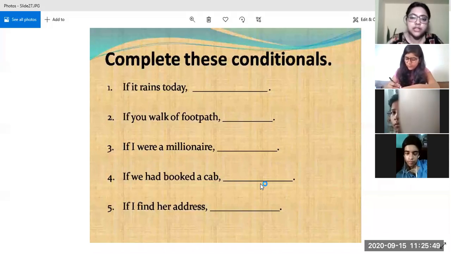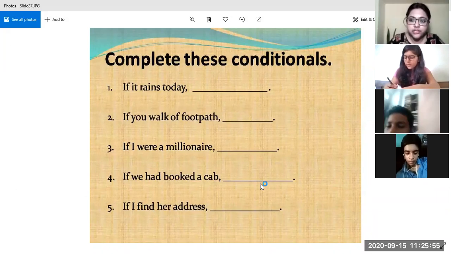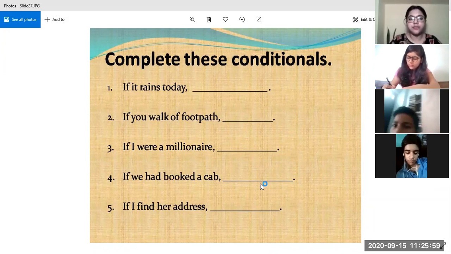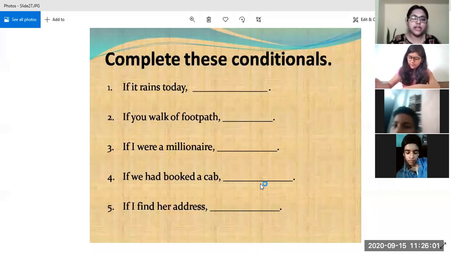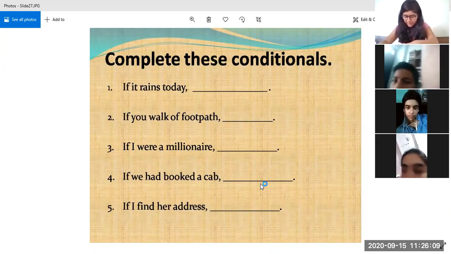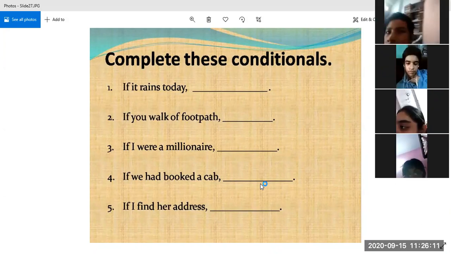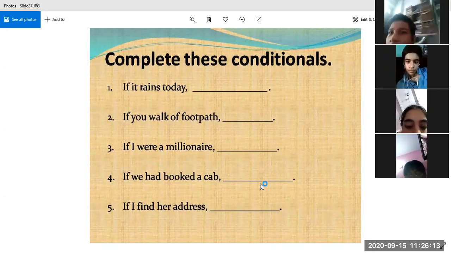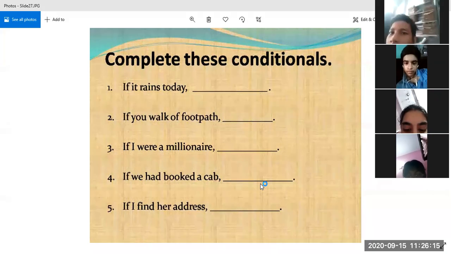So there are only two possibilities of framing the sentence. It could be a zero conditional, or it can be written as a first conditional sentence. Manjiri has very correctly completed the sentence, and that becomes a first conditional because she has used will. If we had used simple present tense in the main clause as well, then it would have become a zero conditional.